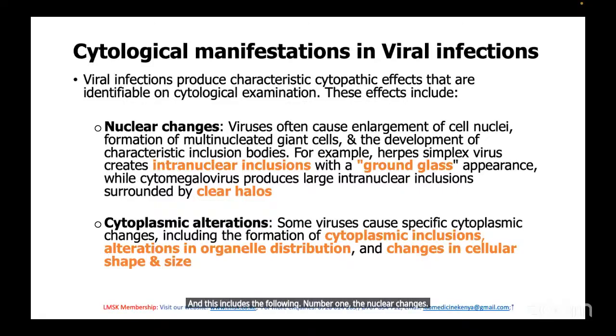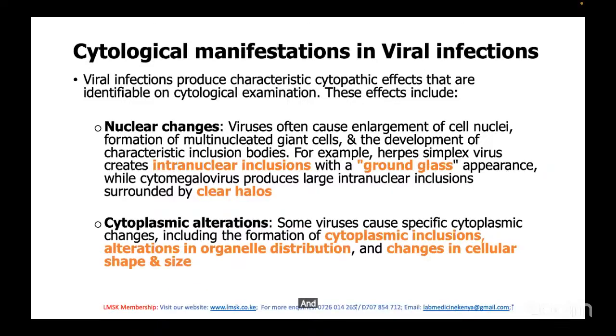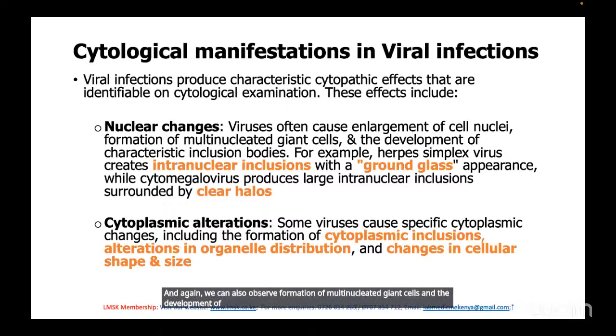Viruses often cause enlargement of cell nuclei. So we are not going to have the normal cell nuclei that we saw previously. We are going to have them enlarged. We can also observe formation of multinucleated giant cells and the development of characteristic inclusion bodies.